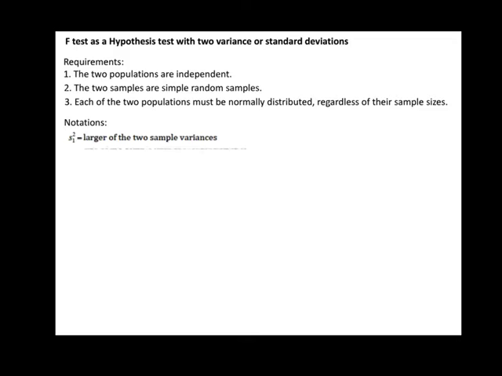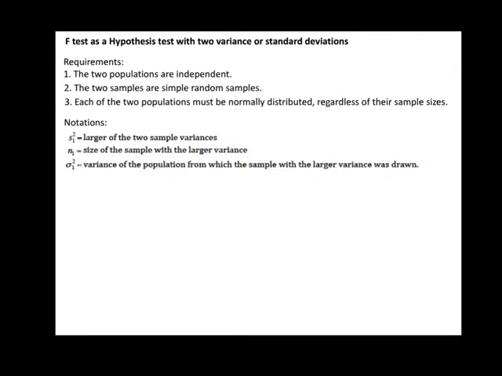Okay, notation. You can see all this notation has a 1 in it: S1, N1, sigma 1. This means all this notation is for population 1. The first one, S squared, is your sample variance. For the F distribution, you have to choose the larger of the two sample variances as your population 1.